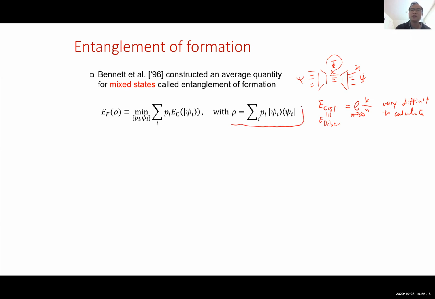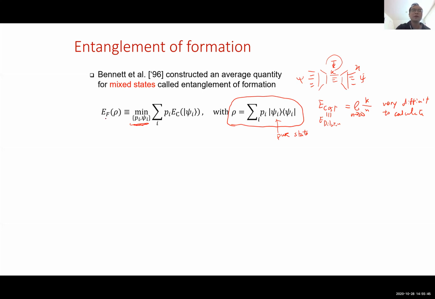One way to do that is maybe let's just take some average. If I can decompose a mixed state into a mixture of pure states, so we learned this notion that any mixed state can be decomposed into a mixture of pure states, and the decomposition is not unique in general.